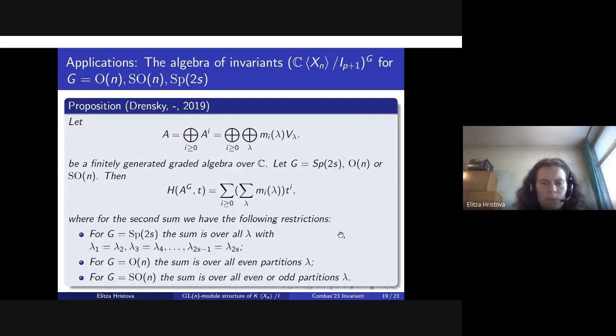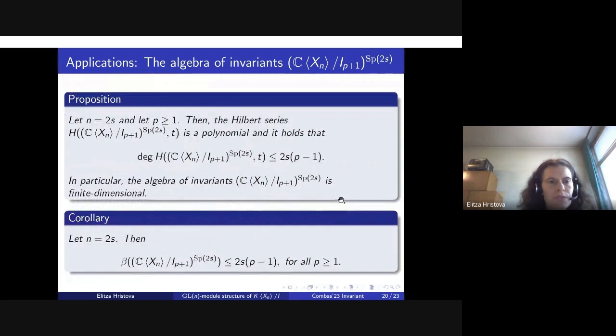So basically, we follow the same ideas as in the proof of the proposition of Benanti, Bumova, Drensky, Genov, and Koev. And now we use this to give estimates for the Hilbert series of the algebra of invariants when we consider our relatively free algebras as A.